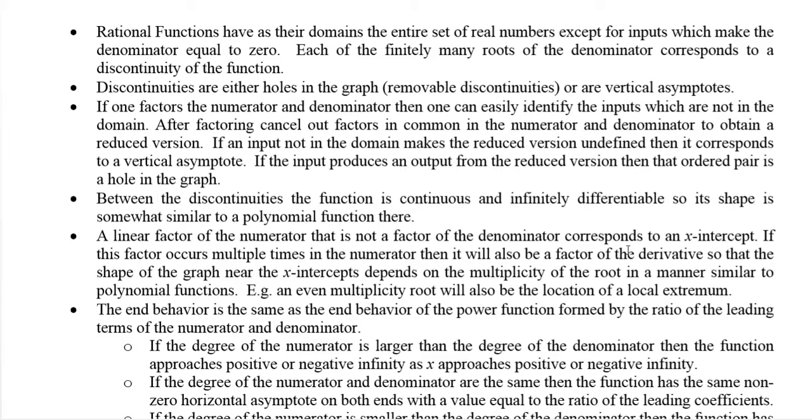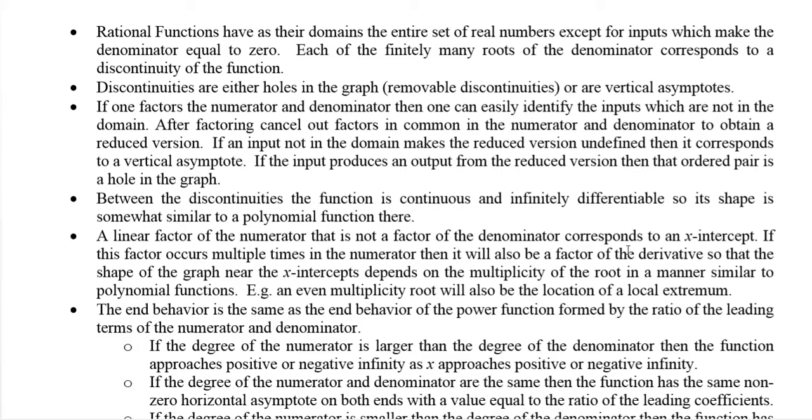On the other hand, if you reduce by canceling out like factors in the numerator and denominator, and the denominator is not 0 anymore when you put in the x value that made the original denominator 0, so it came from one of your canceled factors, then put that x value in the numerator and denominator of the reduced version and you get an output. That output is the y value of the hole in the graph. Okay, so that's how you can tell those apart from the formula.